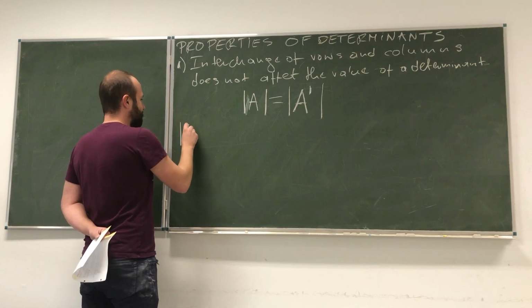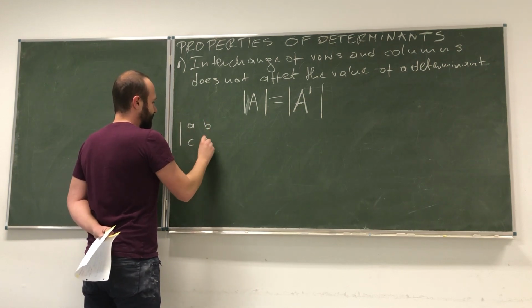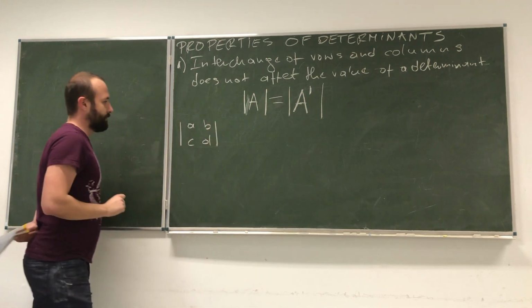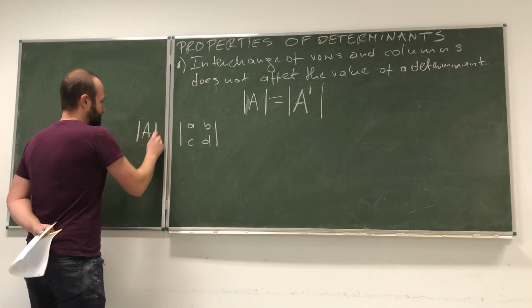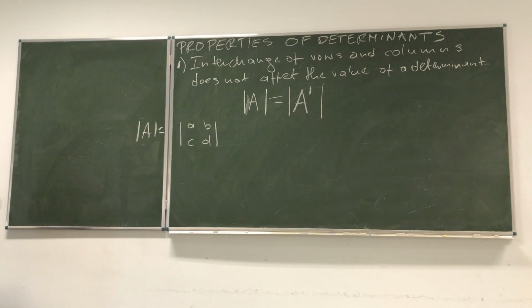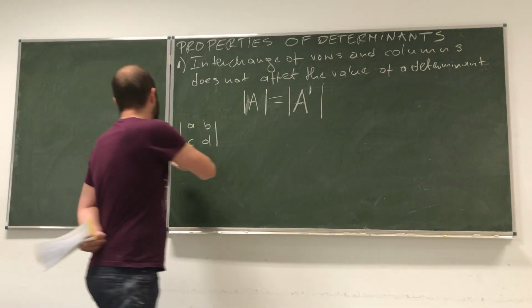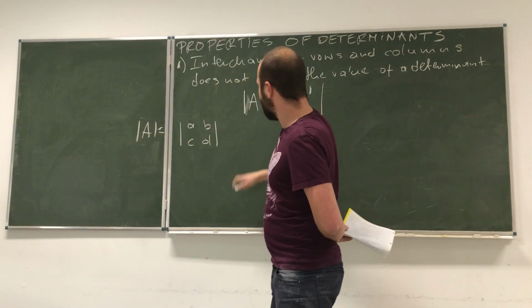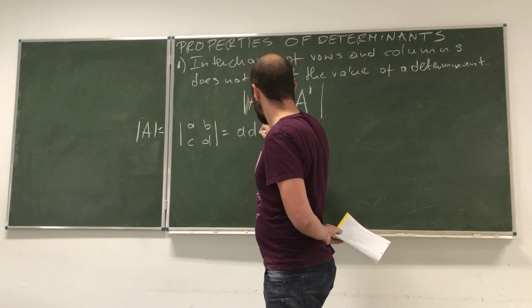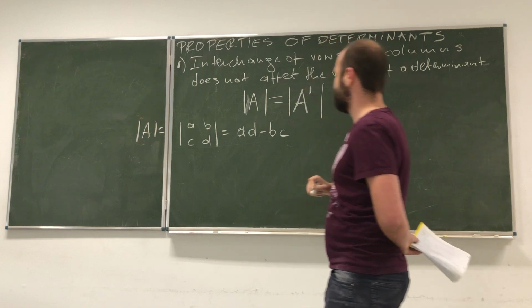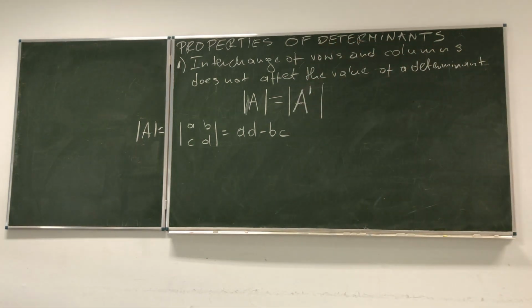If we have determinant A, B, C, D, let's just say that this is determinant A. Now, if I'm going to calculate it, this is going to be AD minus BC, right?